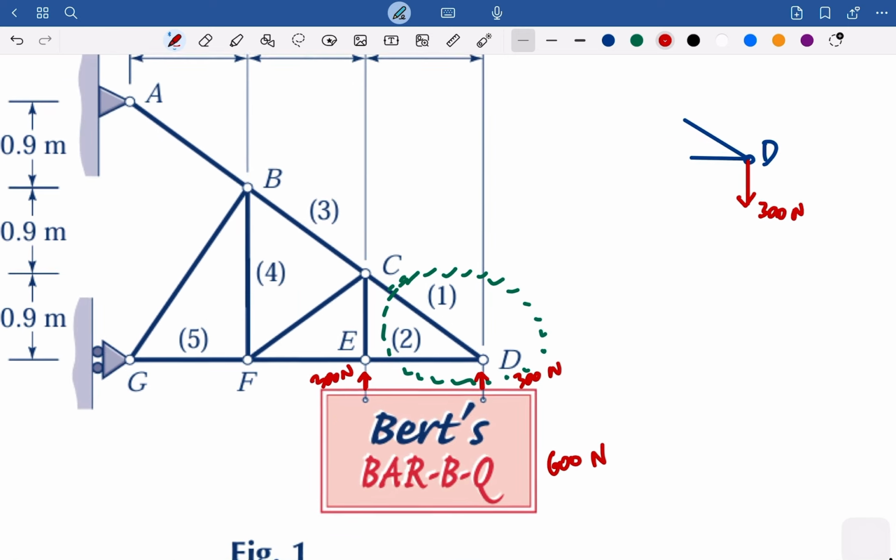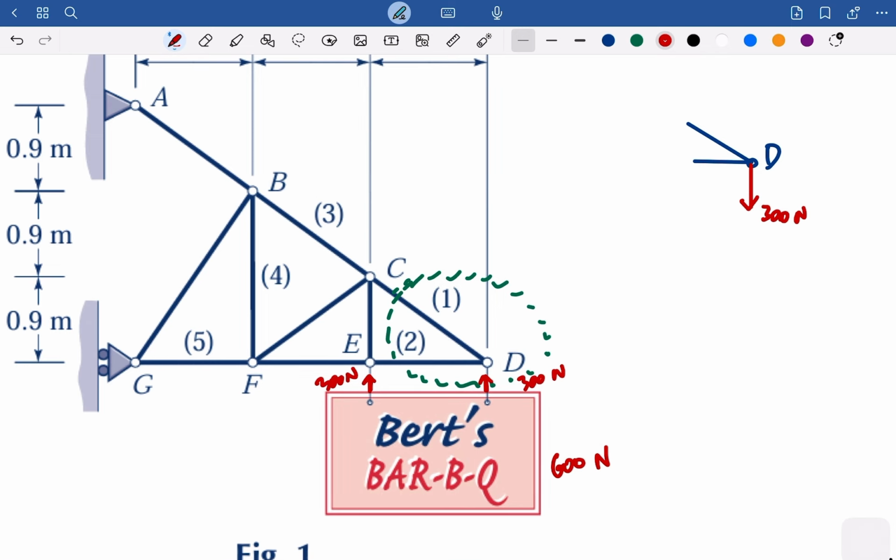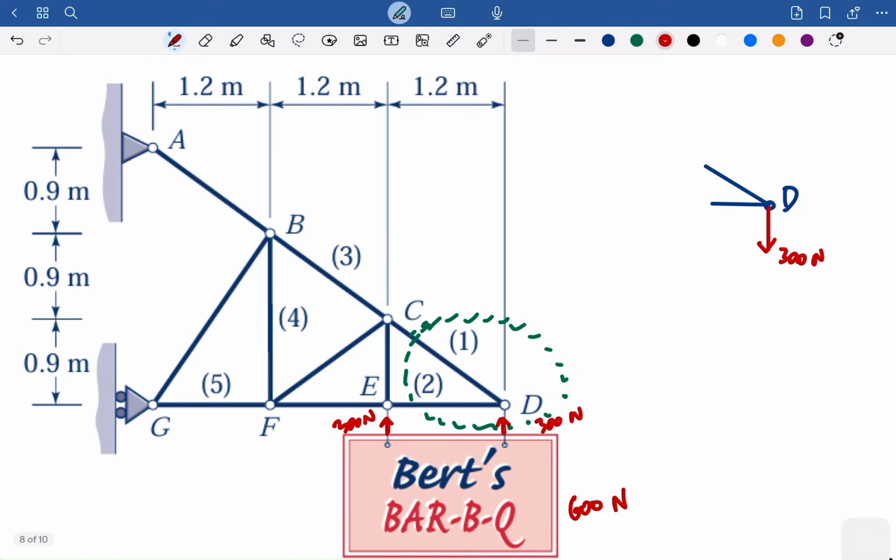We have the length. The lengths are, you see that, this is another tip. Okay? If you have the length like this and you have some kind of triangle positions, you can use the ratio of the triangle to get the sine or cosine, or you can get the angle.